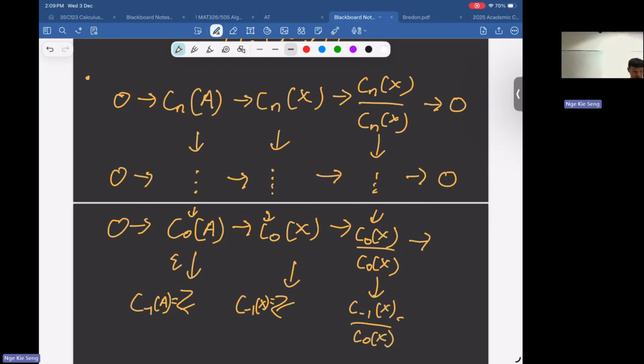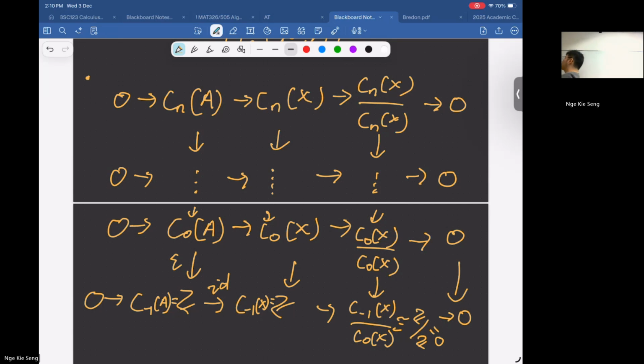So that's why on this part here, you get Z over Z, and then this is 0 actually. Maybe need one more 0 on the right, like that. Okay. So what's the map on the -1 chain here, in the short exact sequence? It is the identity here.